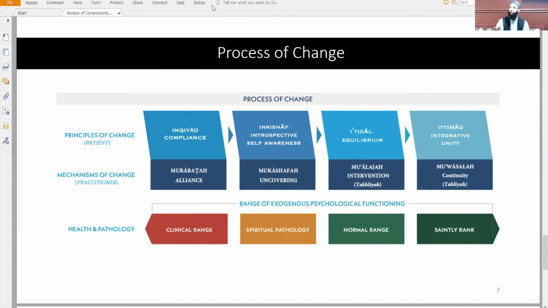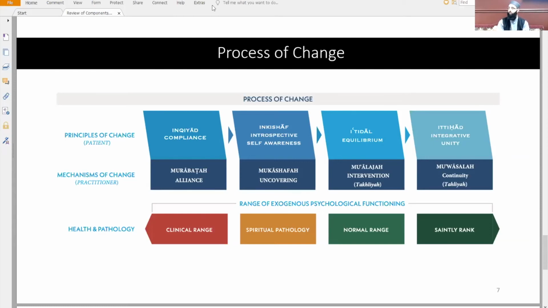Through their ruh, what we might do is prescribe some adhkar. With their emotions, what we might do is have them go through chair work, for example, working on getting past some of the secondary emotions to the primary emotions, and facilitating emotional transformation, right?